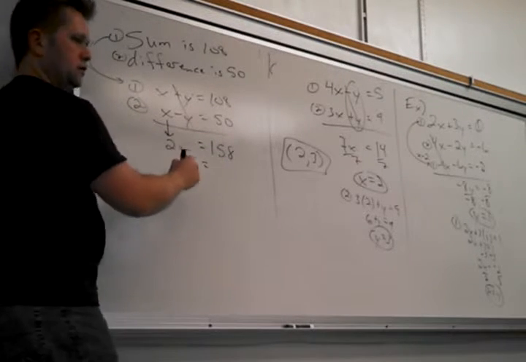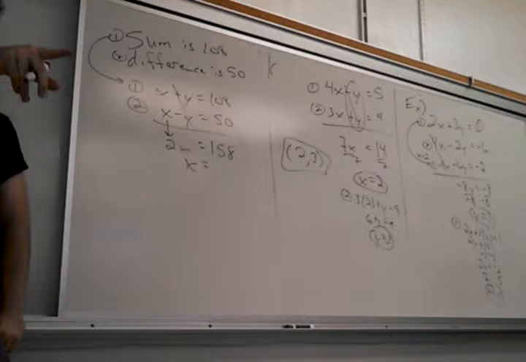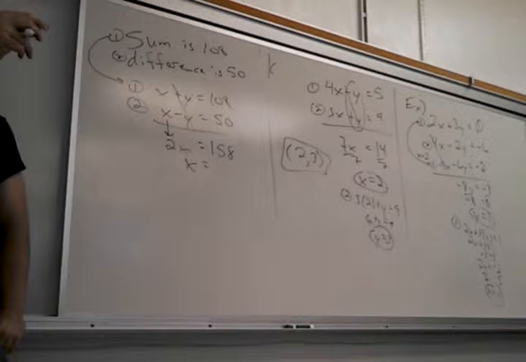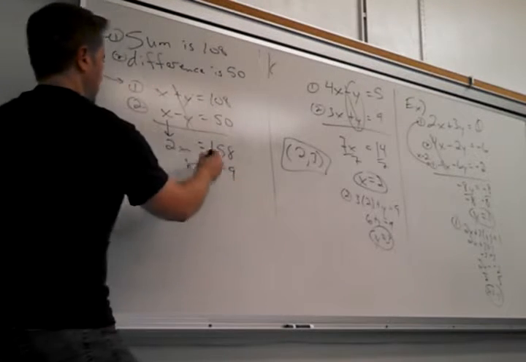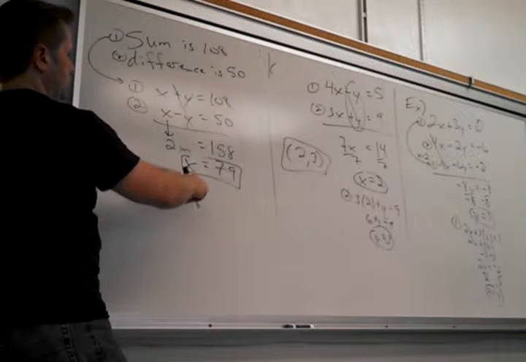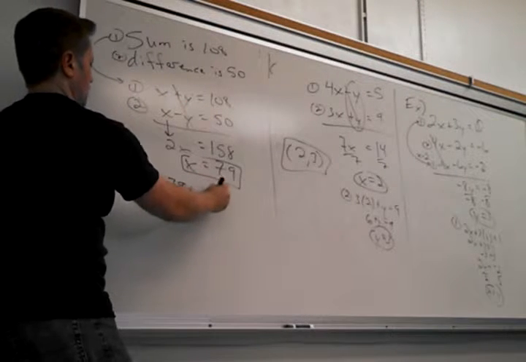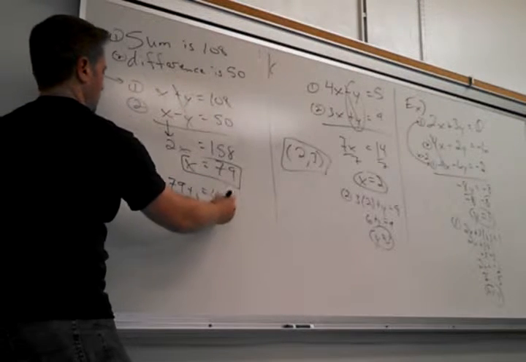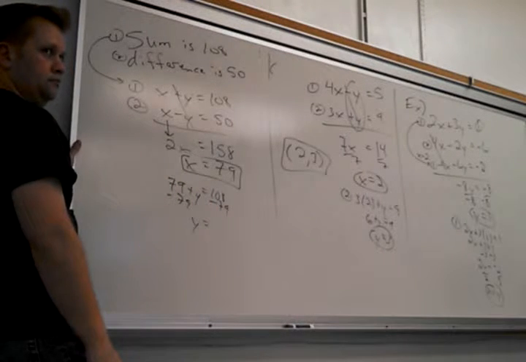So 160 cut in half is 80, so 158 is going to be half of that, 1 less, so it's going to be 79. I like it. So if x is 79, don't just stop and go to the next one, because the question was about two numbers. If x is 79, the other one must be 29. Cool.